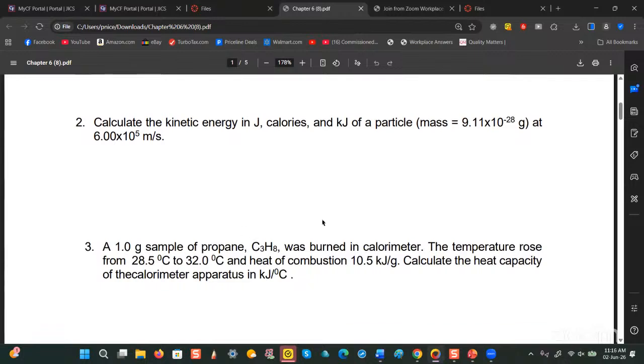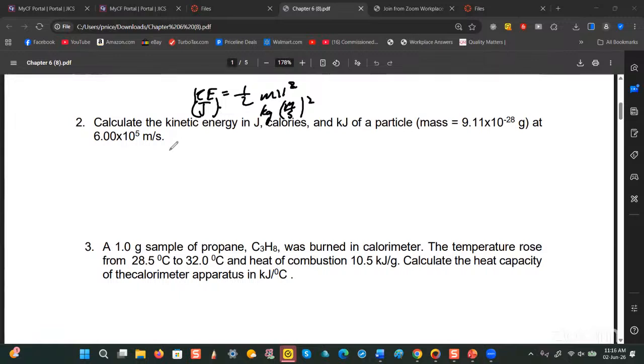Just to remind you, the formula for kinetic energy is equal to half mv squared, where m is the mass in kilograms and the velocity is in meters per second, so that will be squared. So the kinetic energy units would be in joules.